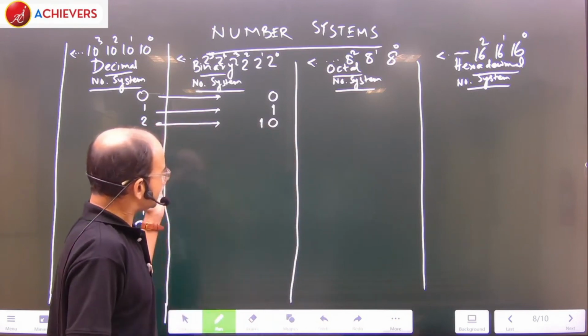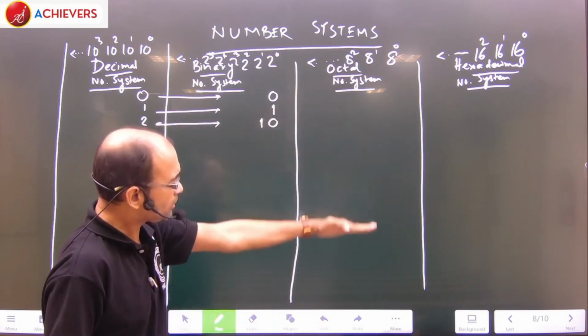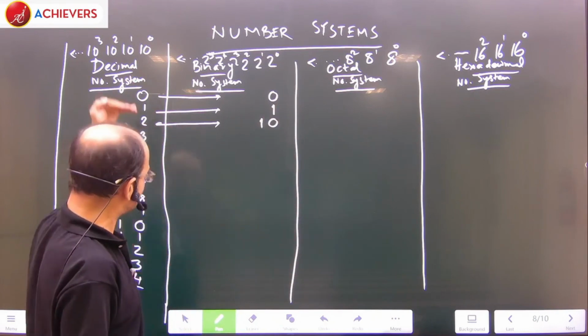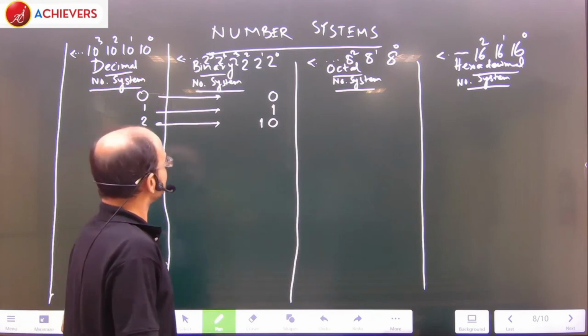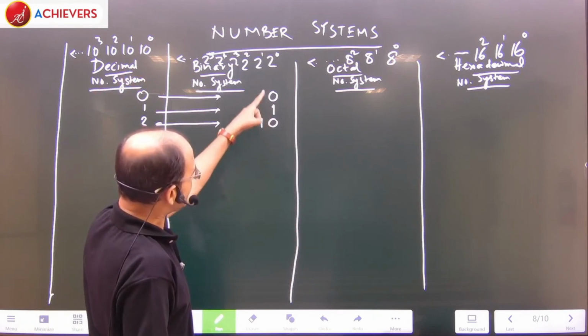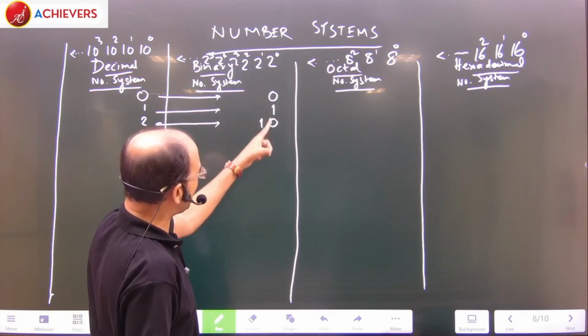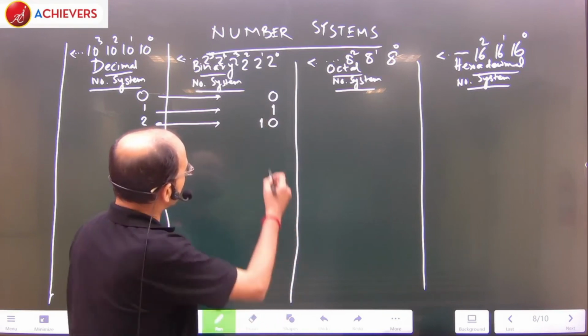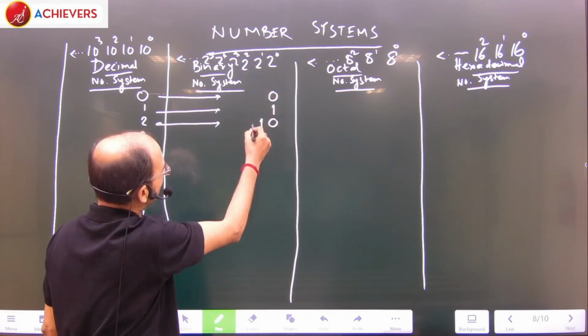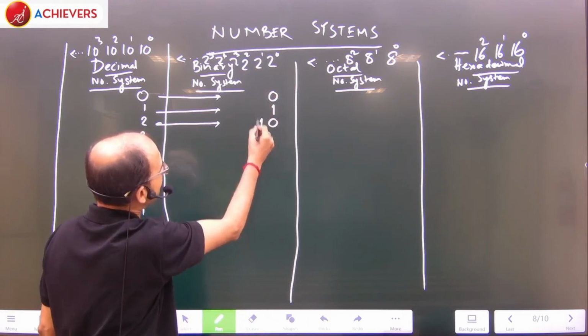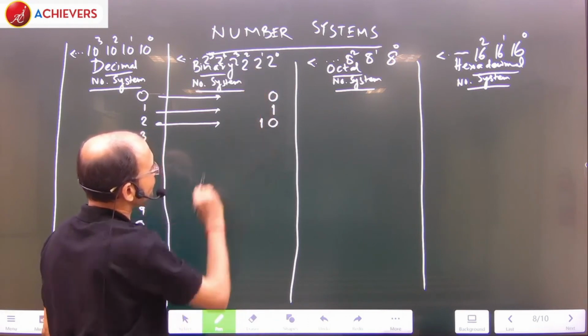So we will be trying to depict all the number systems based on the decimal number system, which we all know. As we can understand, binary can represent only 0 and 1. So under 2 to the power 0 we will be having 0, and under 2 to the power 1 we will be having 1. So 2 to the power 1 is 2.